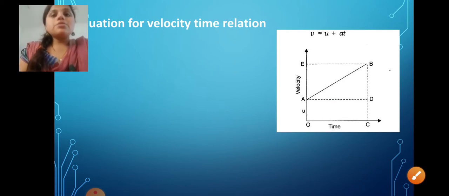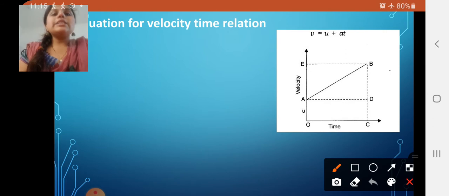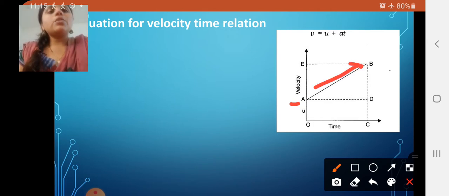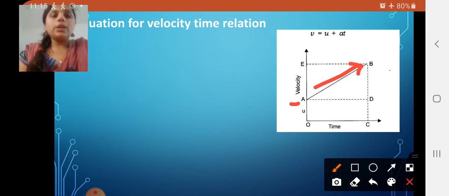Dear students, you can see here this is the velocity time graph. You can observe here, A is the object, and it is changing its position from A to B. You can see this is a straight line motion, so that's why it is called uniform motion.